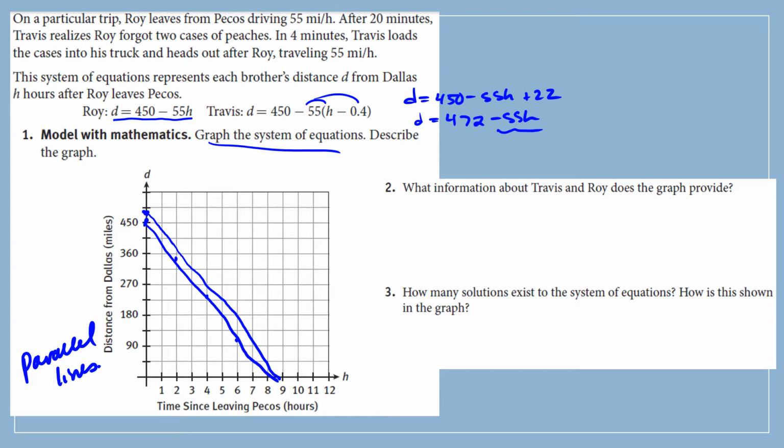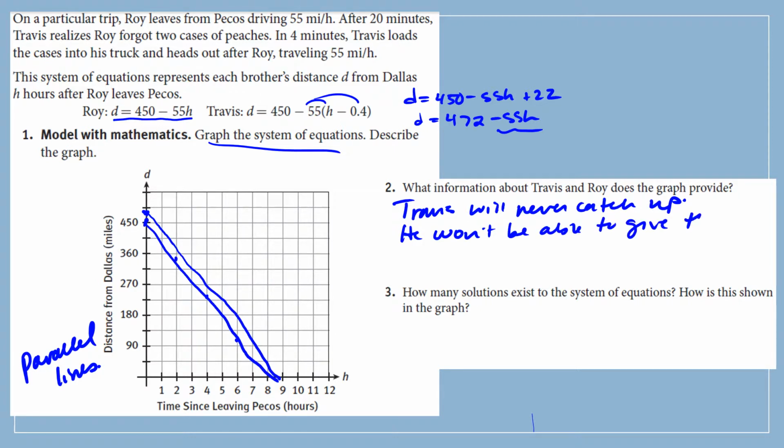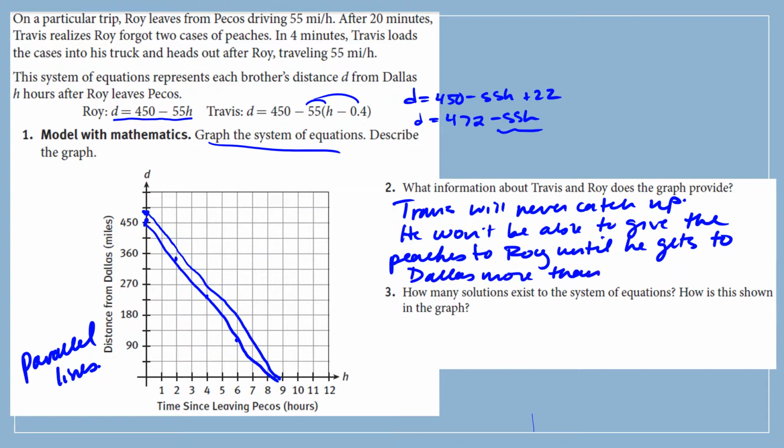What information about Travis and Roy does the graph provide? Well, it tells us that Travis will never catch up. He's not going fast enough, so he won't be able to give the peaches to Roy until he gets to Dallas, more than 8 hours later.